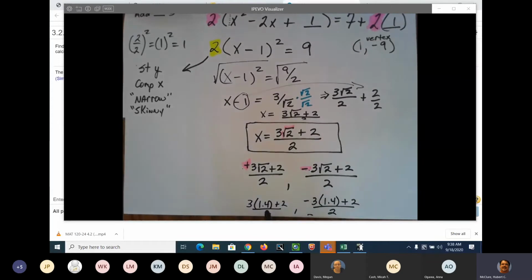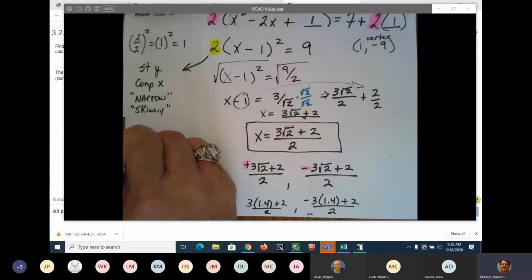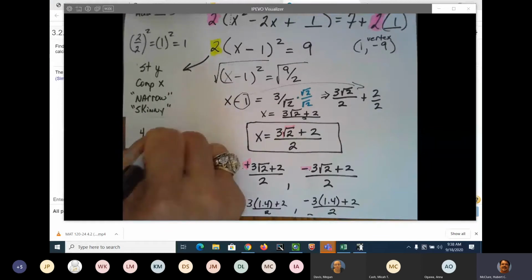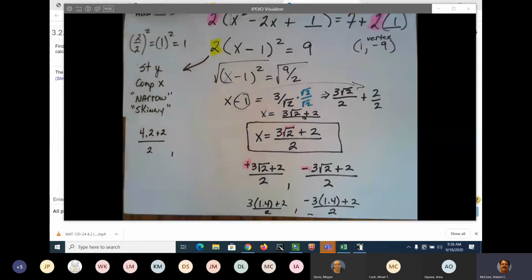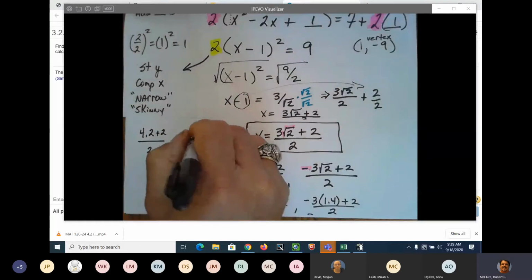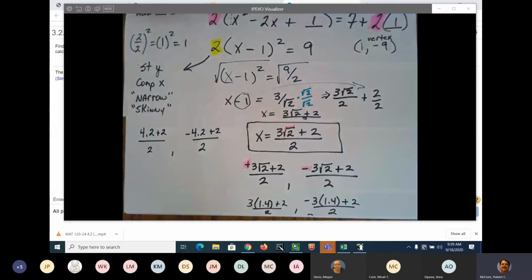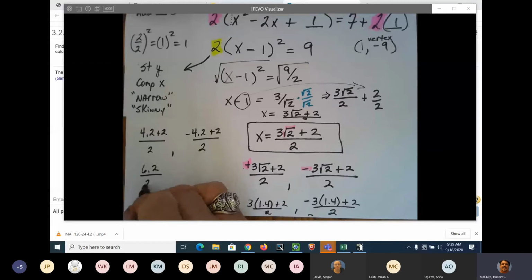All right, so 3 times 1.4 is 4.2. So 4.2 plus 2 divided by 2, and negative 4.2 plus 2 divided by 2. 4.2 plus 2 is 6.2, and 6.2 divided by 2 is 3.1.